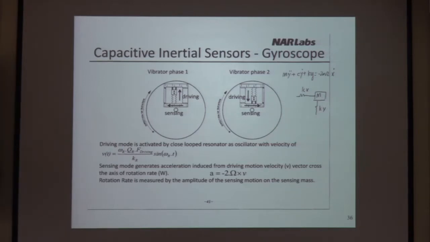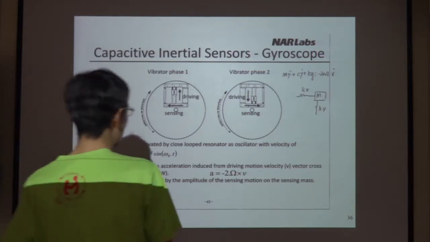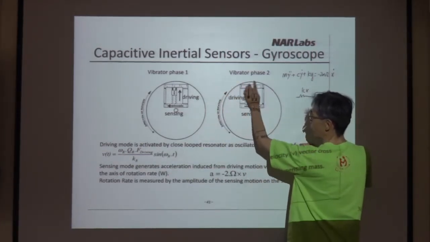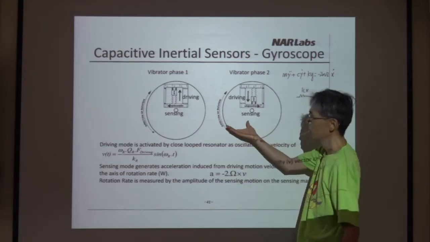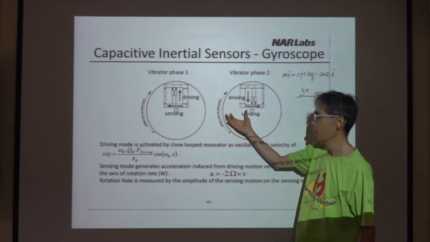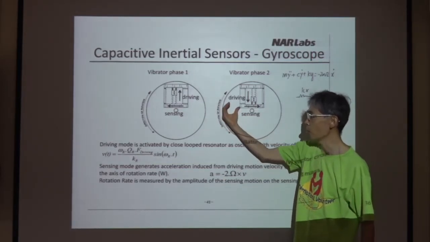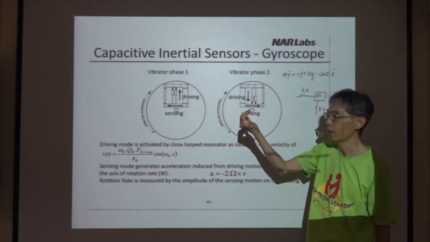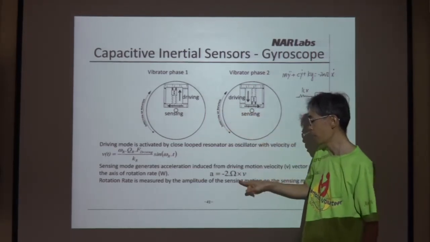Now if I rotate, there is a rotational velocity. With the rotation this way, the four fingers follow the rotational direction, and the thumb is the direction of omega.